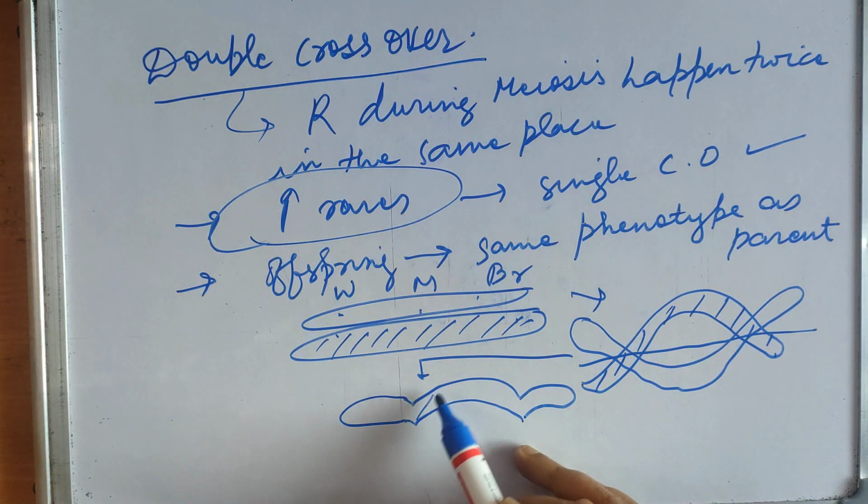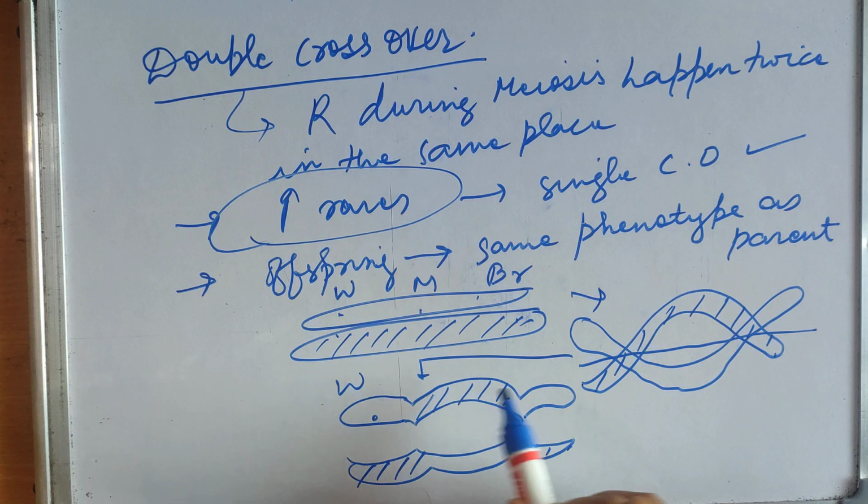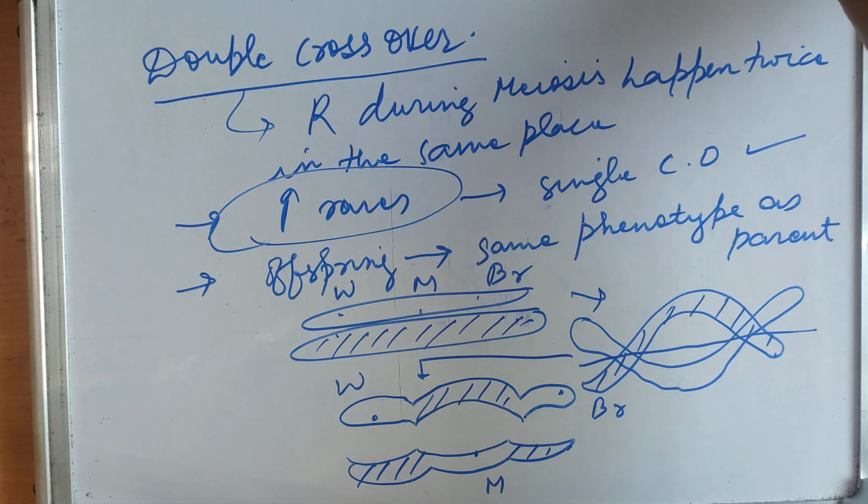So here, this one will become colored and this one non-colored, and these two portions are colored and here non-colored. So this is what double crossover is. You can see how crossing over takes place.